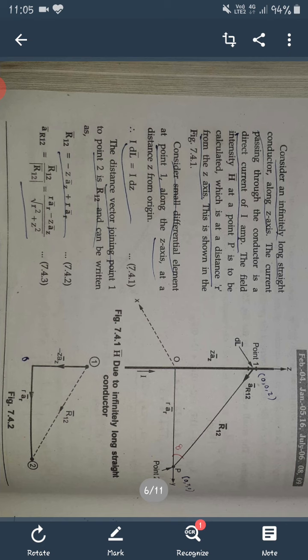Therefore we write 0 minus 0 ax cap and r minus 0 ar cap. Therefore it is r ar cap and 0 minus z az cap, that is minus z az cap. So this is r12. Next, ar12 will be equal to the r12 vector divided by the magnitude of r12. The r12 vector is r ar cap minus z az cap, divided by square root of r square plus z square.